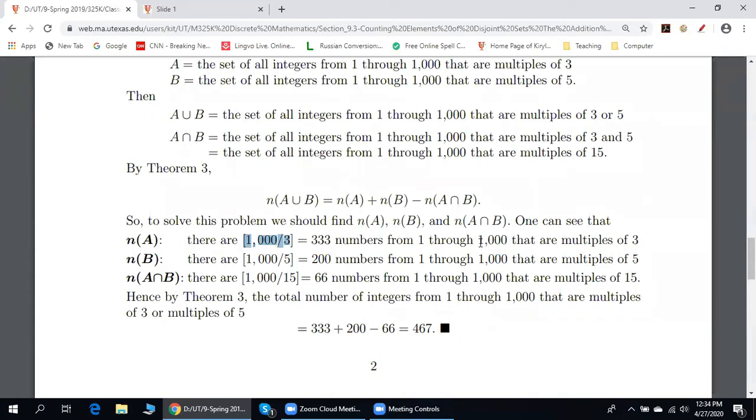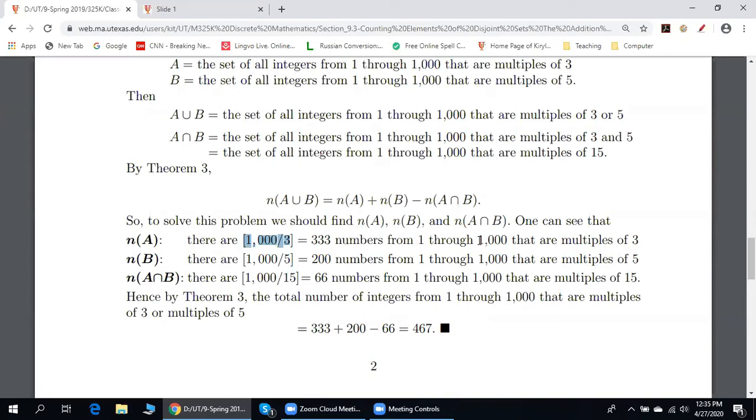Now, let us count the number of multiples of 3 from 1 to 10. Of course, we have same number of multiples of 3. It's again 3, 6, and 9. Note that the floor function of 10 divided by 3 is again 3. Now, let us replace 10 by 11. How many multiples of 3 are there from 1 through 11?